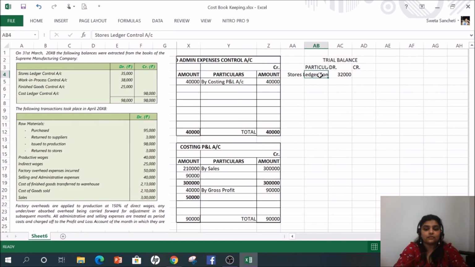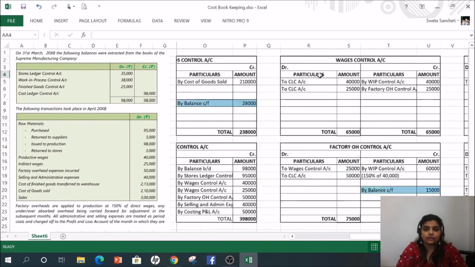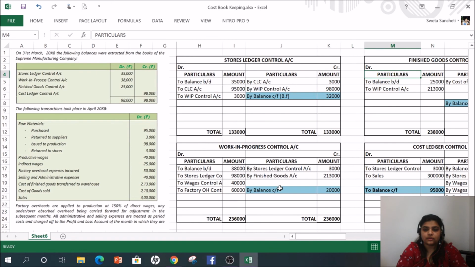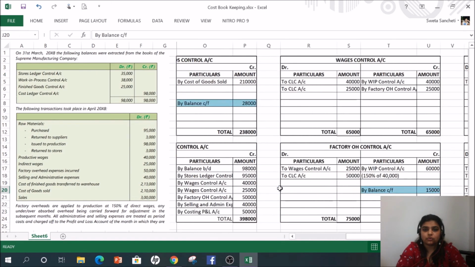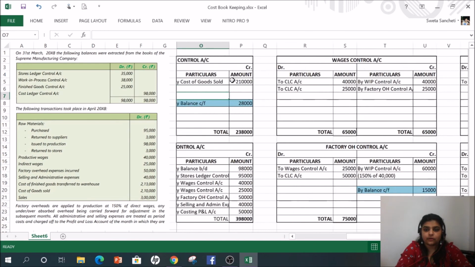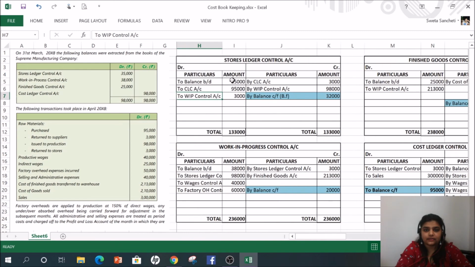Next is our WIP account, closing balance of 20, finished goods 28, finished goods control account 28,000. That is why I prefer color coding for all the balancing figures.